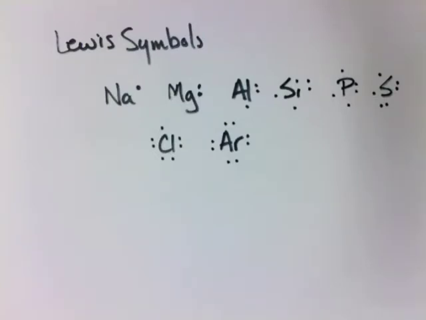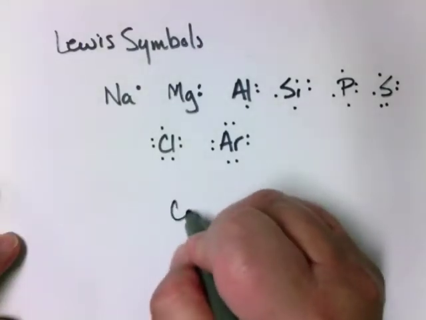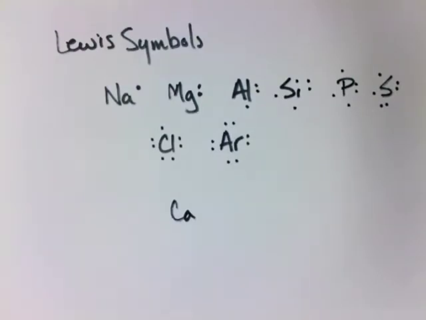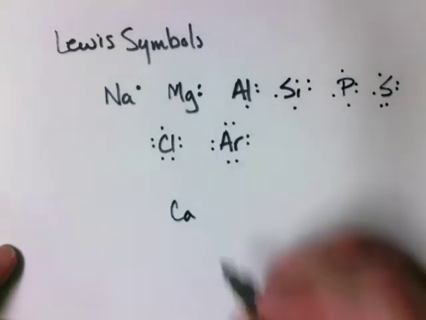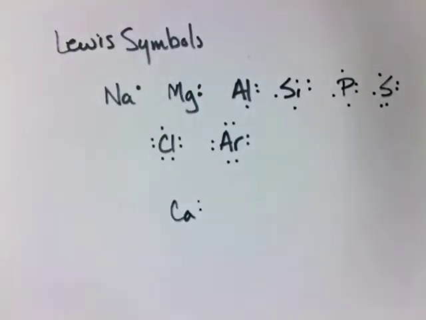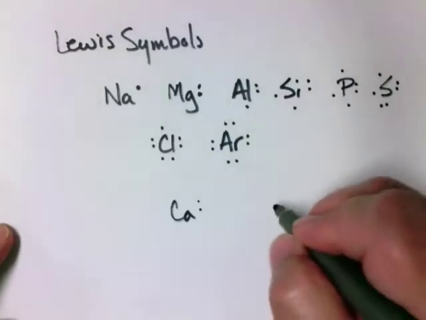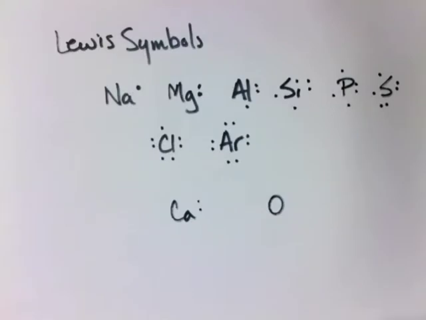Let's look at another one. Let's go with calcium. Well, calcium is in the second column, which means that it has 2 electrons in its s subshell. So we just have to put 2 electrons like that. If we consider oxygen, oxygen is in the 4th column of the p block, and so that means it has 4 electrons in its p subshell.